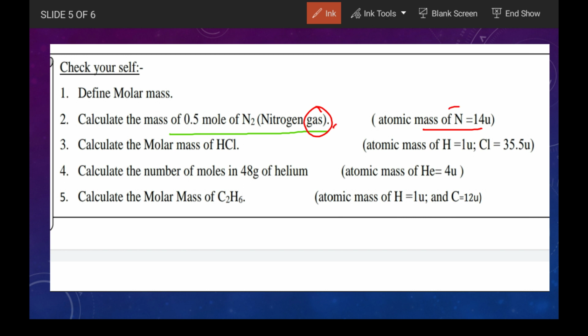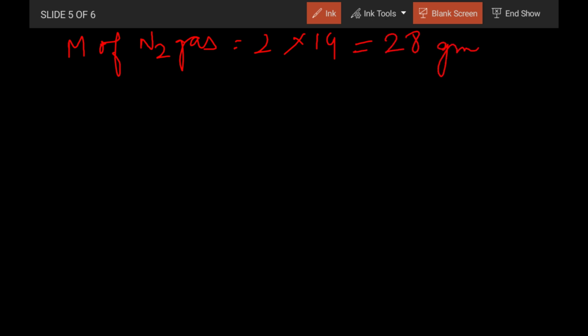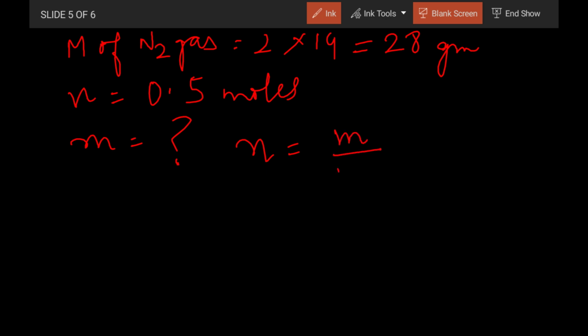Now we have to calculate first of all the molar mass of nitrogen gas, that is 2 multiplied by 14 is equal to 28 gram. Now the number of moles is given, that is 0.5 mole, and we have to calculate the given mass, that is small m.